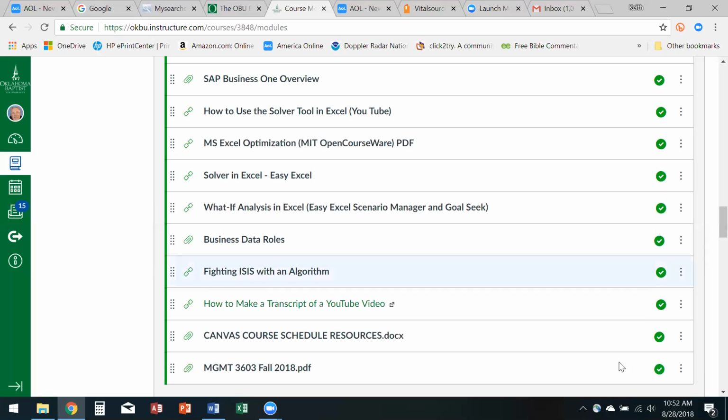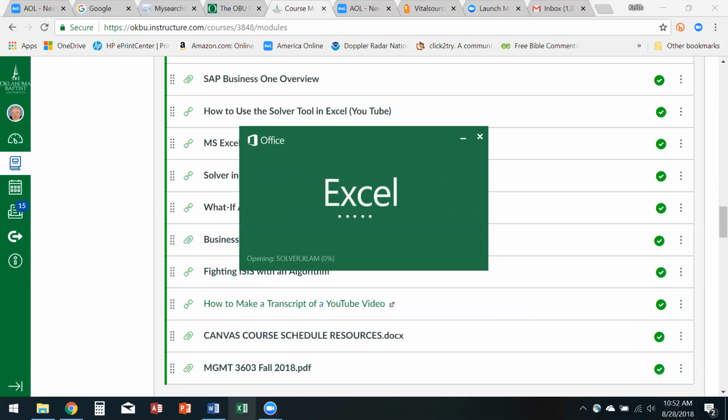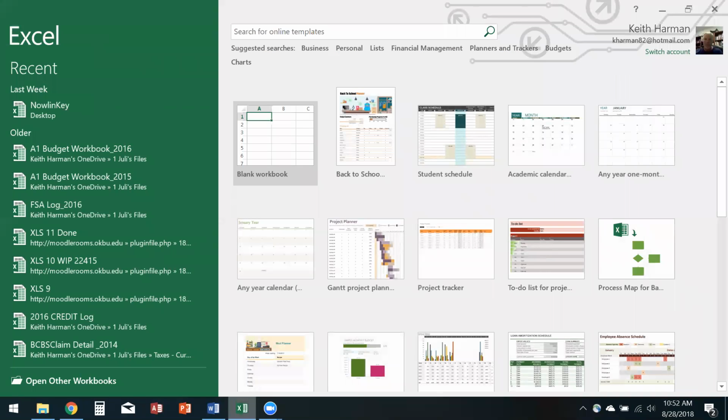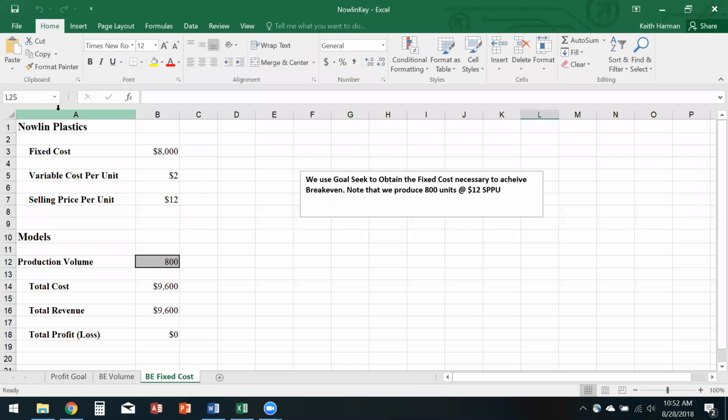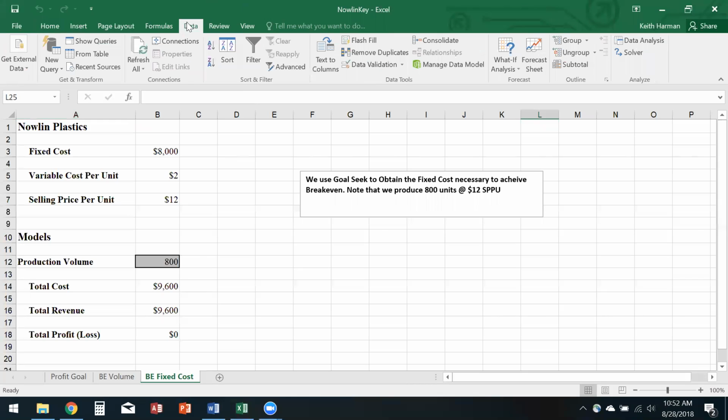Now, this is very intuitive. You recall back in part one, I went in and I added the solver. Now I'm going to go over here to the Nolan key, and I'm going to click on data. And you'll see that there is the data analysis tool pack and the solver tool pack.